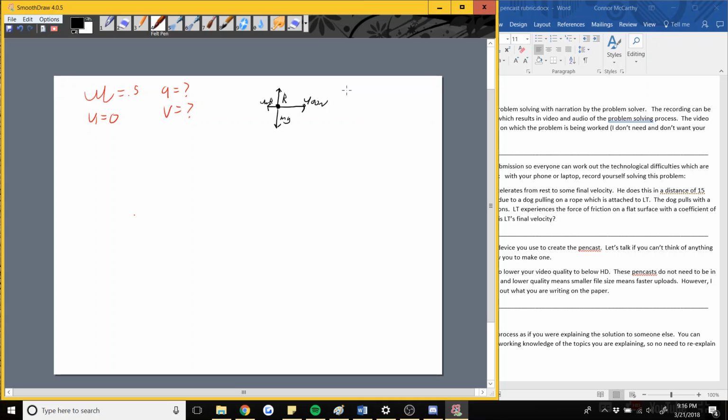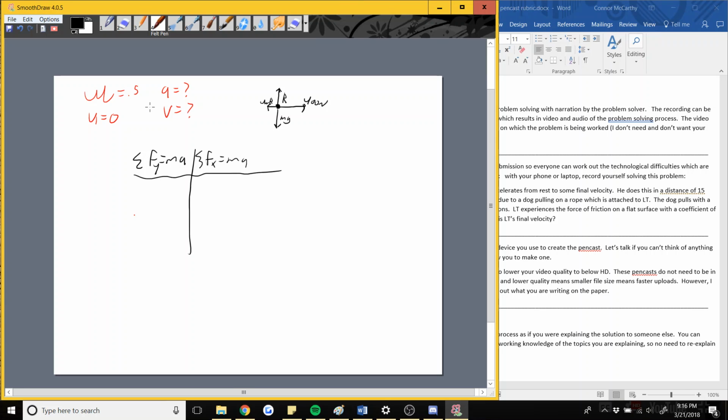And so, from there, we can start splitting things in components. So let's go ahead and do that. We're going to set up the sum of the forces, Newton's second law, equals ma. We're going to do that for the y direction. Split it down the middle, and we're going to do the sum of the forces, sure, that's a squiggle, and the x equals ma.